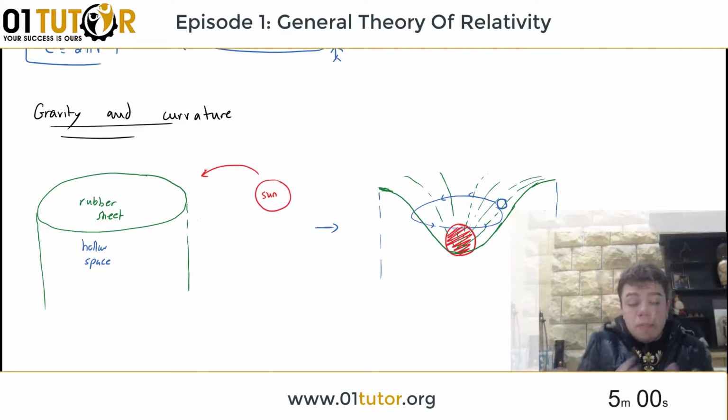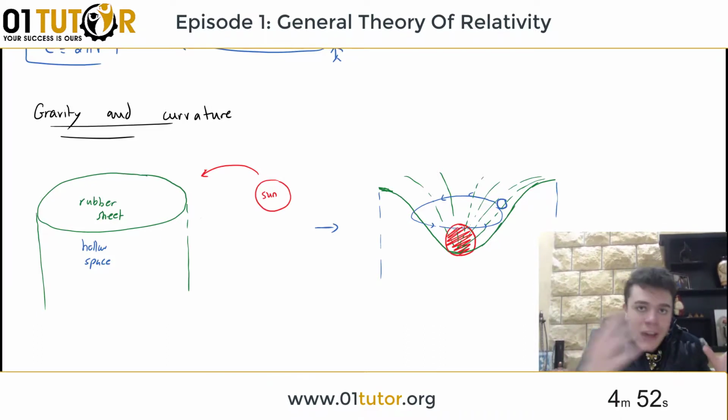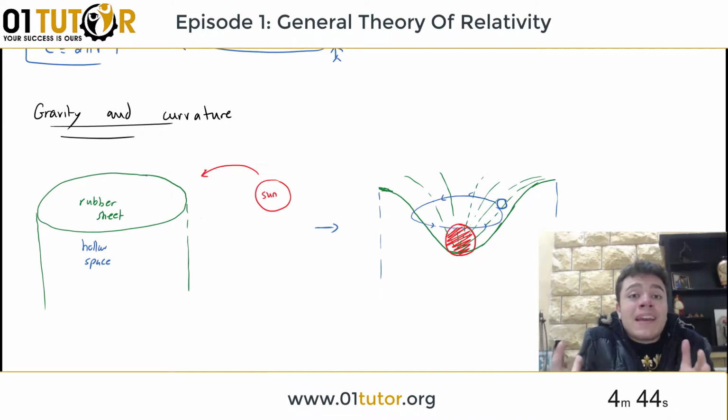Before Einstein, gravity did not have a mechanism. Although Newton succeeded in relating the force between two masses with the formula that we explained in the beginning of the video, he did not provide the mechanism under which gravity occurs.